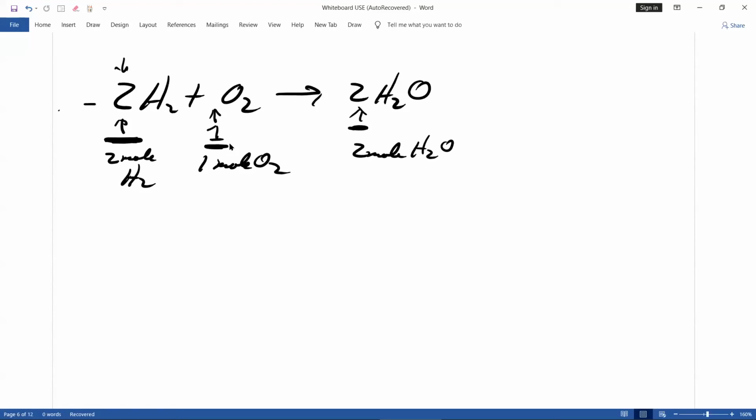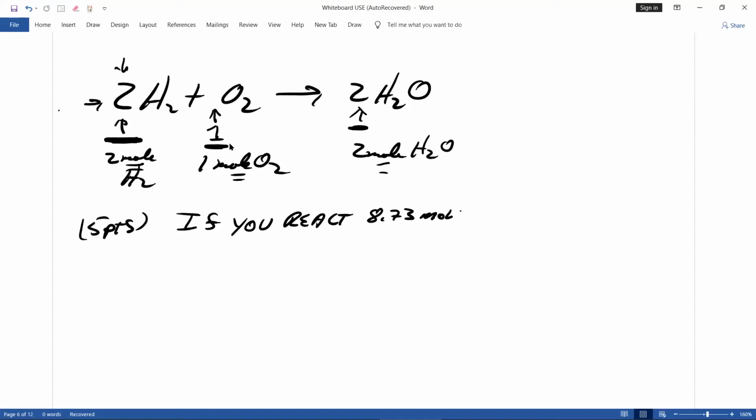The coefficient, the number in front, tells you how many moles of each reactant or product are used in or made in that chemical reaction. So what does that mean? I'm writing the problem out.